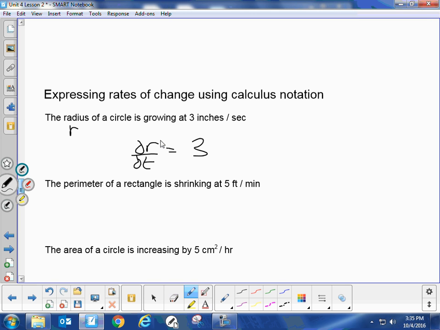If the perimeter of a rectangle is shrinking, if they talk about things decreasing or shrinking, you need to know, and I'm using P for perimeter, that dP dt is equal to -5. Okay, something decreasing, make sure it's negative. Something shrinking, make sure it's negative. Going down, moving to the left, all negative.